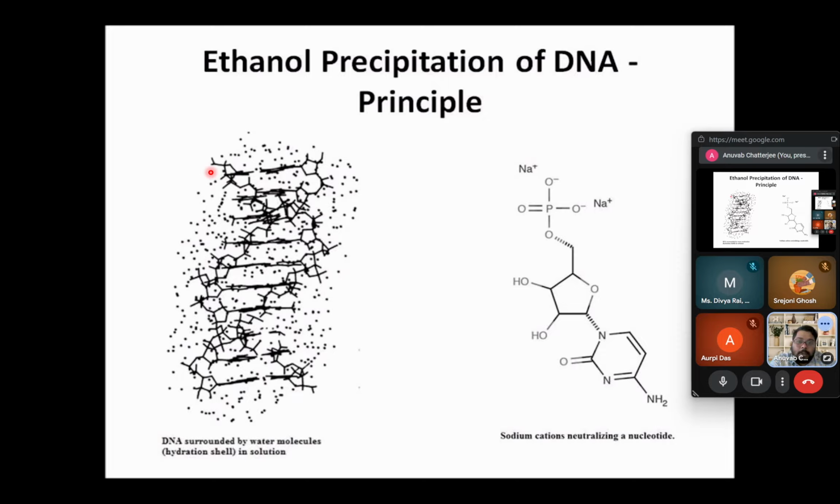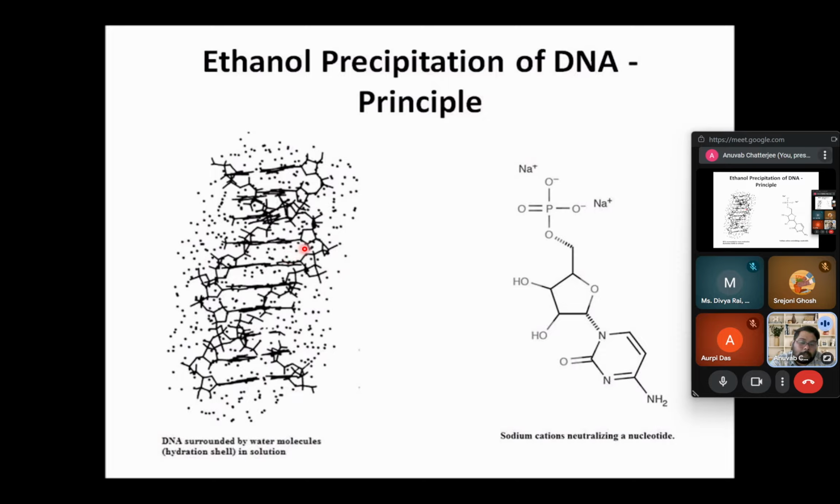So where does ethanol come into this? So ethanol, what it will do is that it will decrease the solubility of DNA. Since ethanol also has an OH group and can form hydrogen bonding with water, but it is not as soluble as water. So when you add 70% ethanol to the solution containing different proteins, DNA, lipids, carbohydrates, it will actually cause the DNA to be unstable because the DNA now has many exposed negative charges, and DNA will try to come out of solution as precipitates.